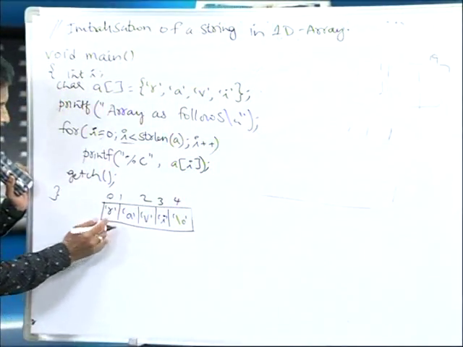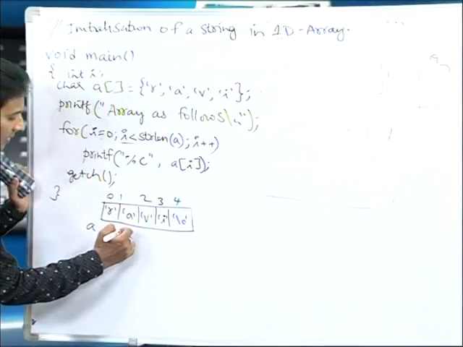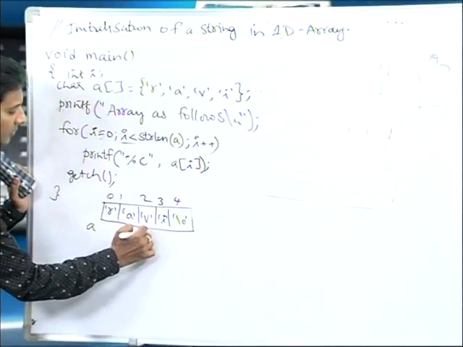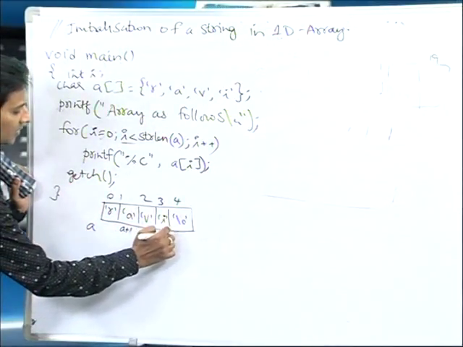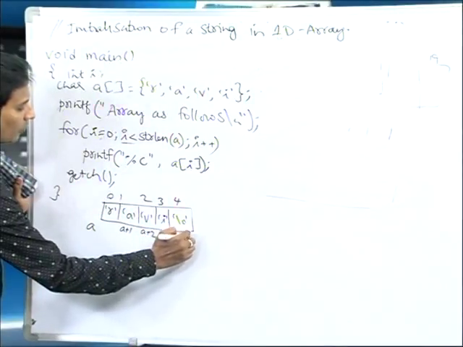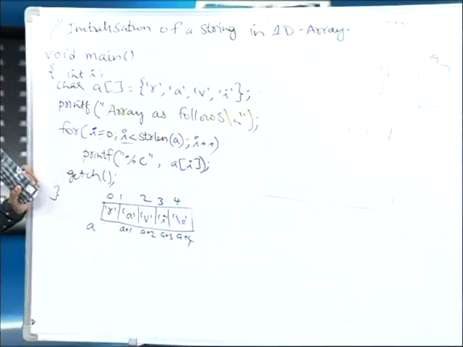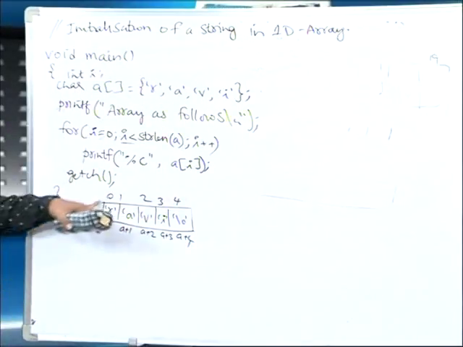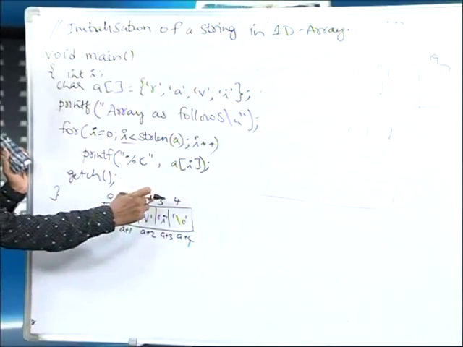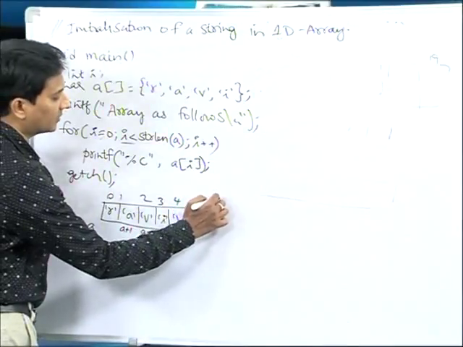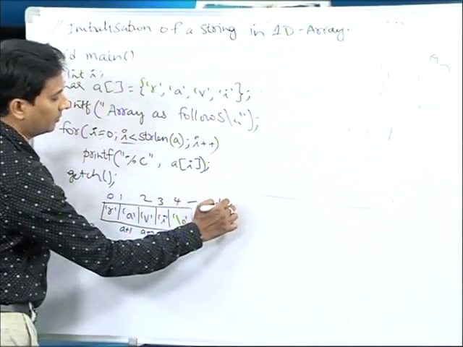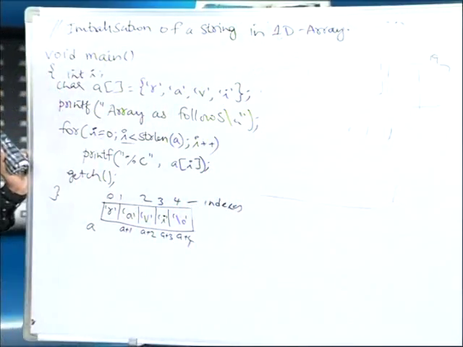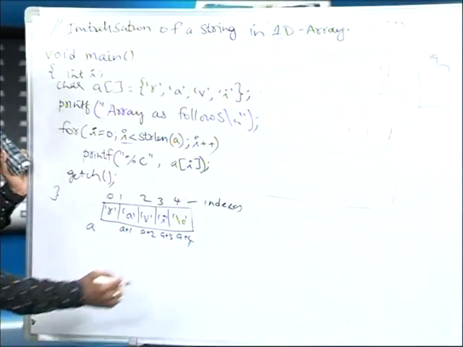The starting address is a, next address is a plus 1, next is a plus 2, a plus 3, a plus 4. Here 0, 1, 2, 3 represent the indexes or subscripts. These are addresses.